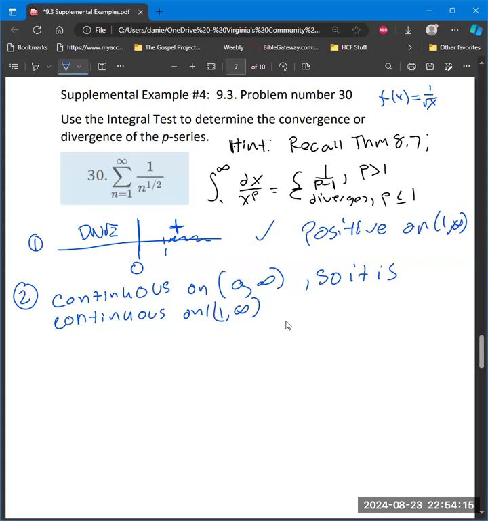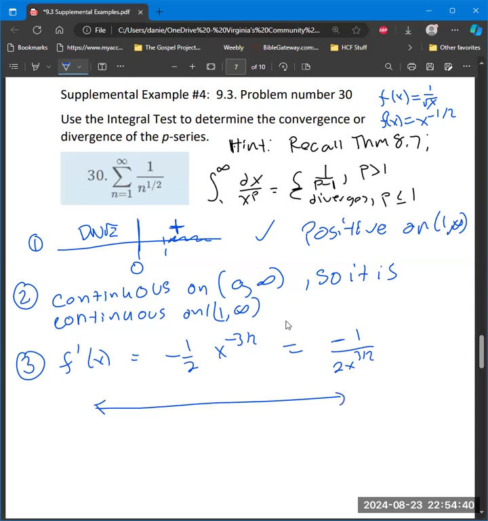And 3, so this is f of x is equal to x to the -1/2. So f prime of x will be a -1/2 x to the -3/2, which is equal to a -1 over 2x to the 3/2. And so let's look at our sign chart there.